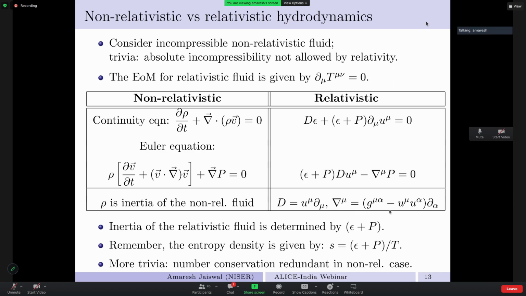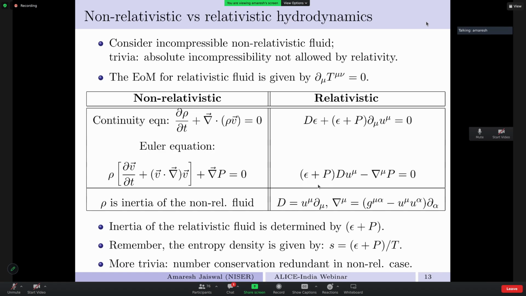So what we see is that if I compare the non-relativistic Euler equation and this relativistic hydro equation, the counterpart of the Euler equation, there is a spatial gradient of pressure which leads to a change in fluid velocity. We have to keep in mind that the spatial gradient of pressure leads to a change in fluid velocity.